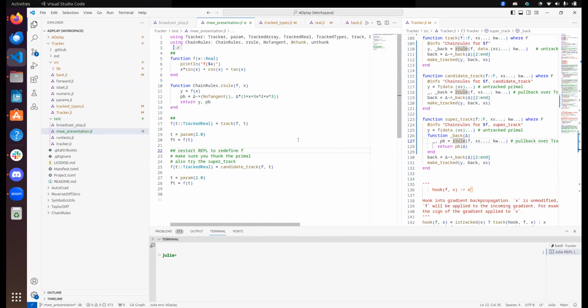So basically I wanted to learn how automated differentiation works for machine learning, and I looked over several implementations of this tape-based algorithm, and one of them is this tracker.